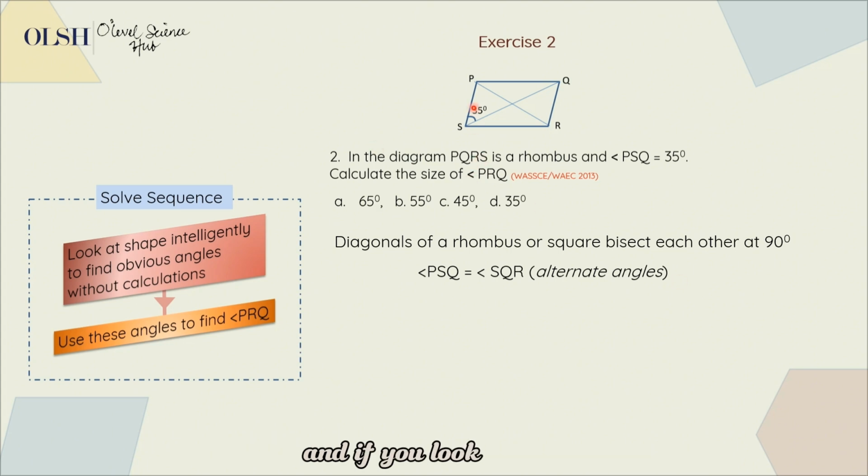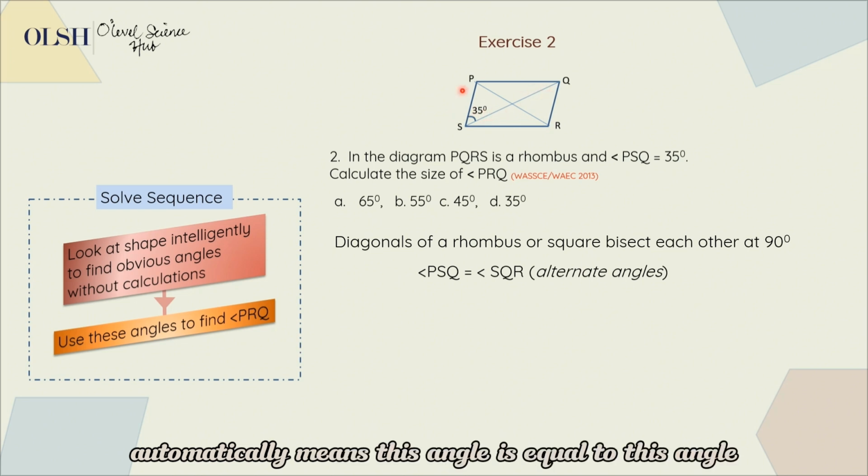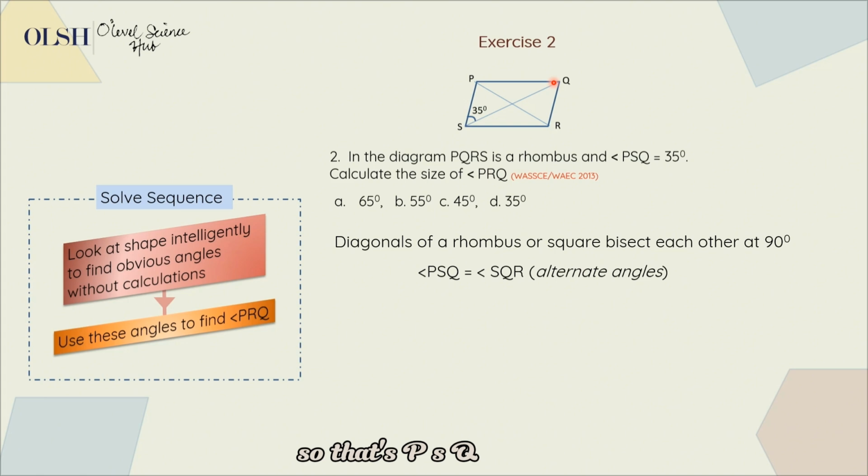And if we look closely, we'll see we have two parallel lines, this one and this one, and we have a transversal, which is this diagonal that connects both lines. So once we have that, we look out for our Z shape. We have this shape here, so automatically means this angle is equal to this angle, so that's PSQ and SQR. So we have alternate angles there.